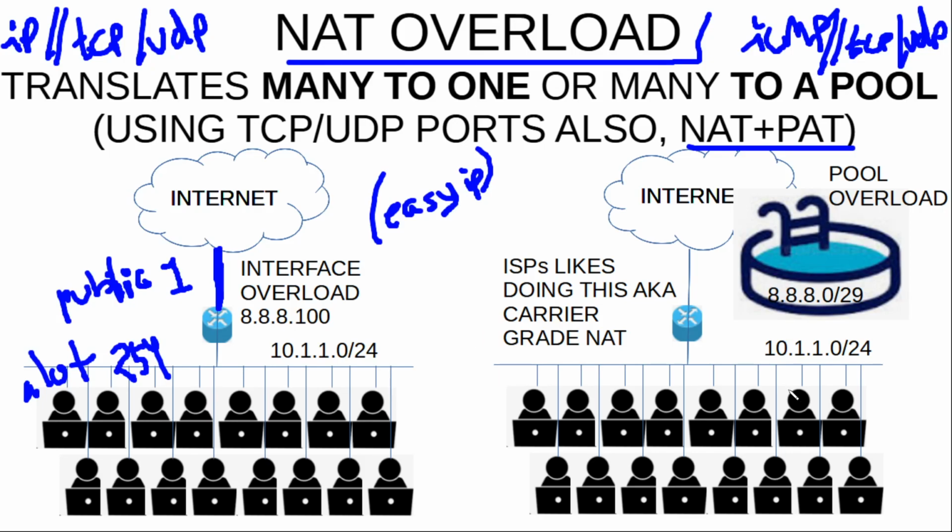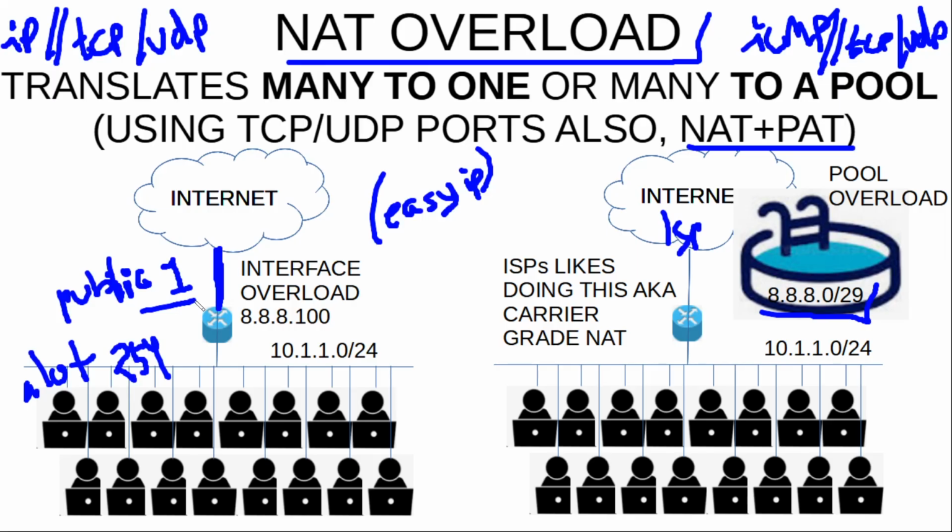If you have too many users, maybe more than 254, let's say that you have several /24 private networks, you might want to go and contract from your ISP a pool of IP addresses. So you can use this pool of IP addresses to accommodate the needs for too many users. Perhaps one IP address is not enough, because this feature has a limitation.